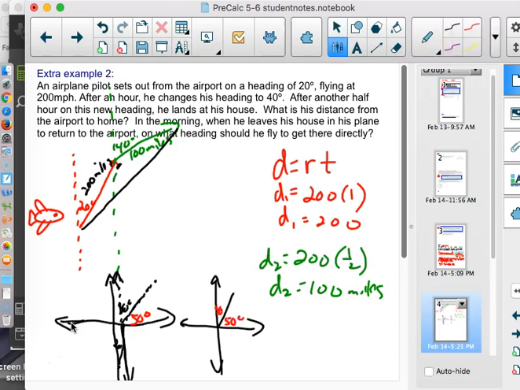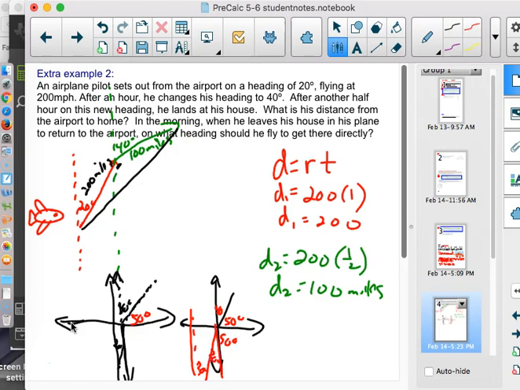because now I have my 40, and I know that this is 50. And I know that this is 90 degrees. And I also know that down here somewhere was a little 20-degree angle from when they headed off first. You know, that was the initial heading. So then I think, okay, well, if this is 20, this is a vertical line, this is a vertical line, and these are alternate interior angles.